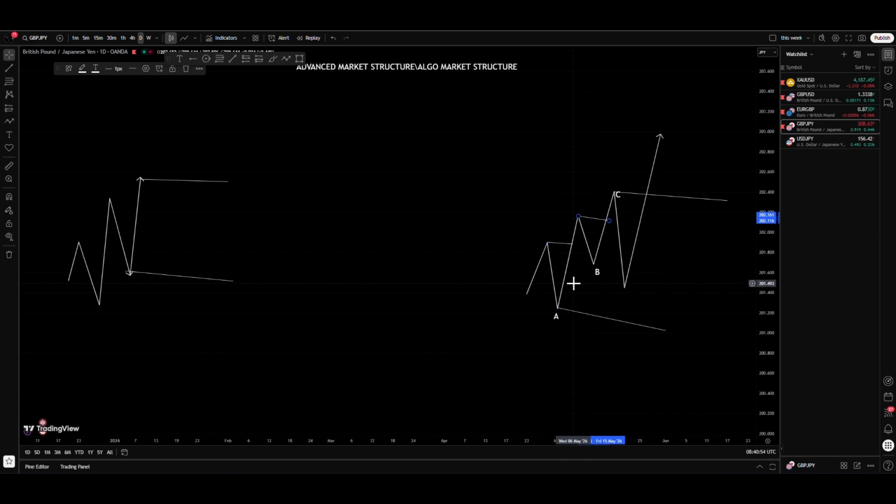So you need to be patient. You need to understand that whenever an A is formed, according to the algo market structure, because that is really how it is being presented. It is not presented the way the basic market structure is. There is always the algo market structure there if you break it down very well, right? So the A has to be formed.